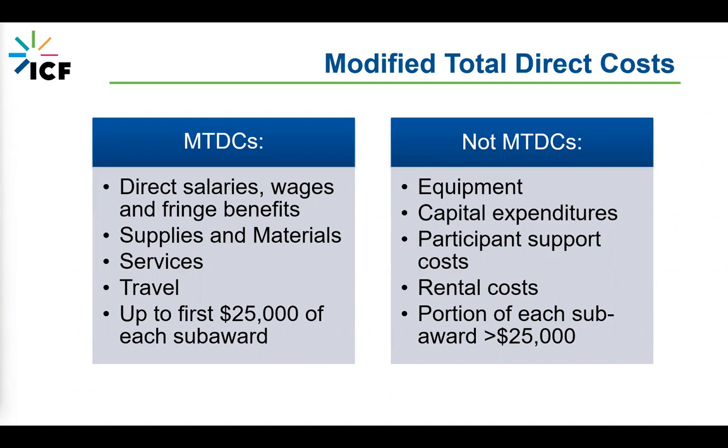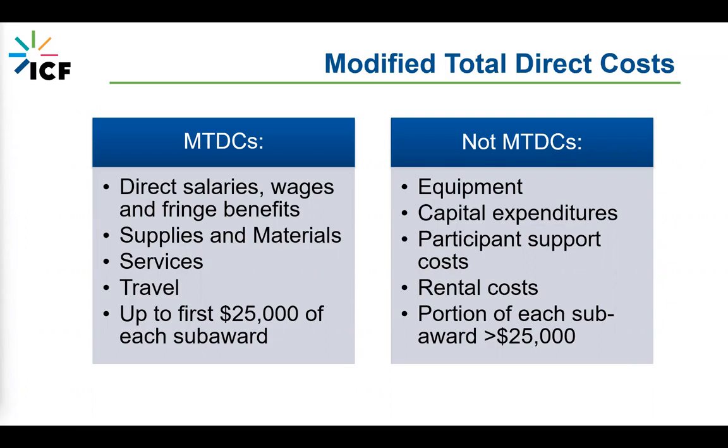And again, that up to $25,000 means, well, I'll give you an example. If you have a subaward that's valued at $100,000, let's say, that $100,000 is subject to your indirect costs. So if you're using the de minimis, you would get a 10% plus up on that, but it's not the entire 100,000. So it's not 10% of 100,000 or an additional $10,000.